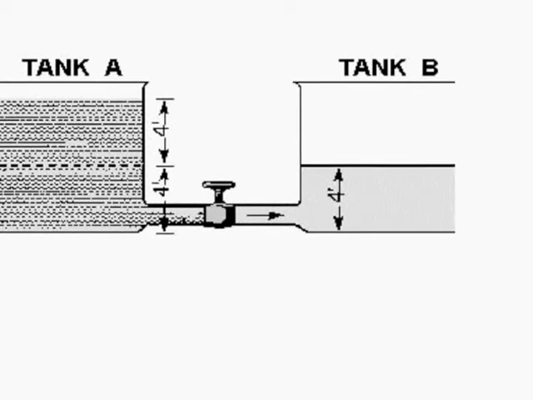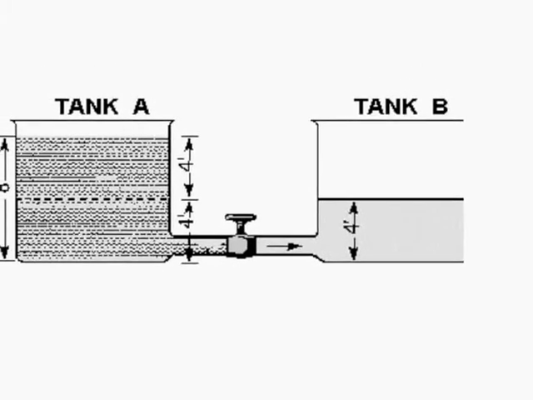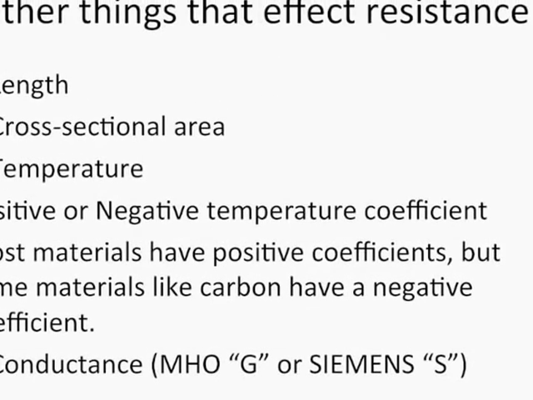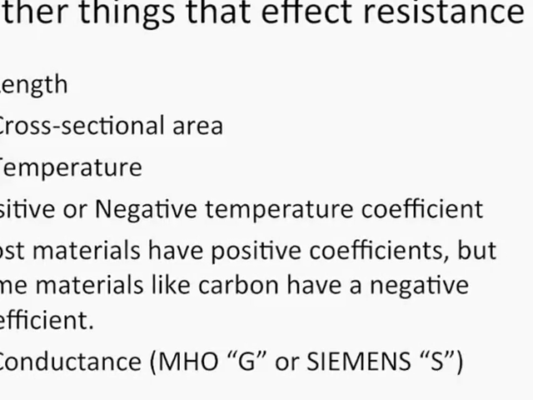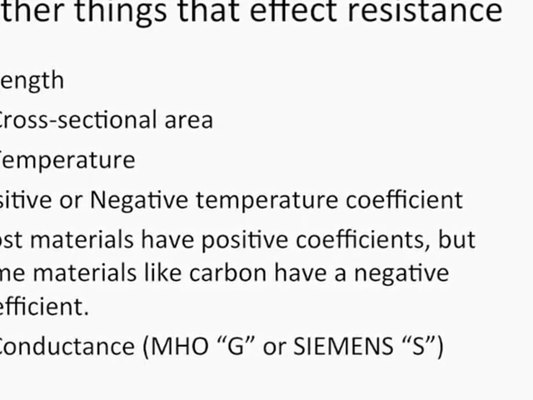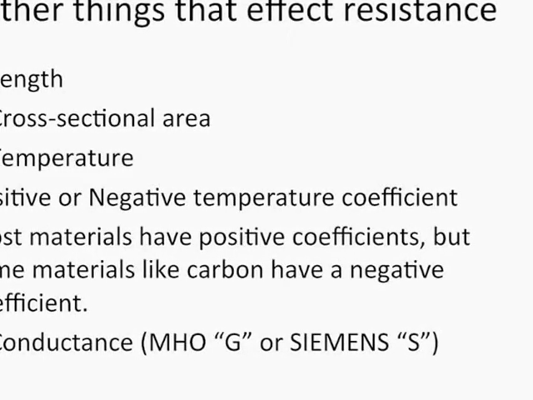If we look back at our example here, if you were to increase the size of that pipe in the middle, then you would end up with a greater flow of electricity from one point to the next. That's basically saying the same thing as making the cross-sectional area larger. Temperature is also going to affect it, differently depending on the kind of material.